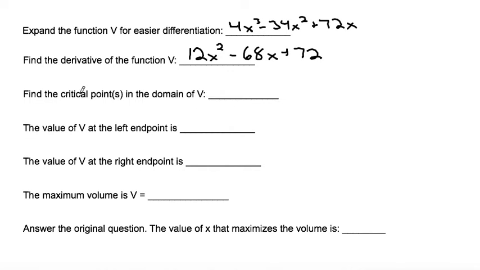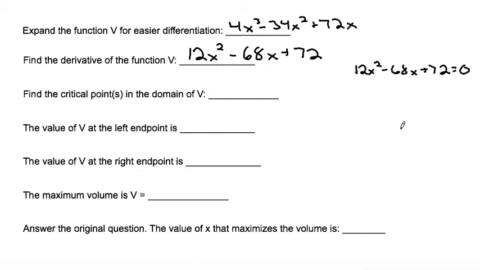And then to find the critical points, we need to take that derivative and set it equal to 0. So we have 12x squared minus 68x plus 72 is equal to 0. Let's first see if we can pull a 12 out of every term. 68 divided by 12 is not an integer, so that doesn't quite work, but we could pull out at least a 2 because they're all even.